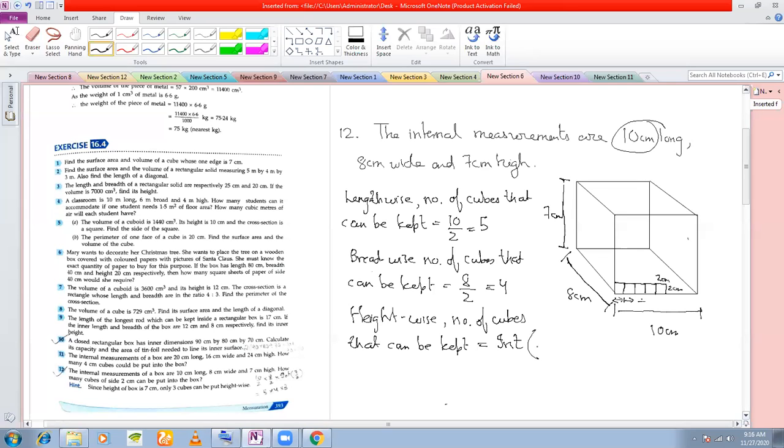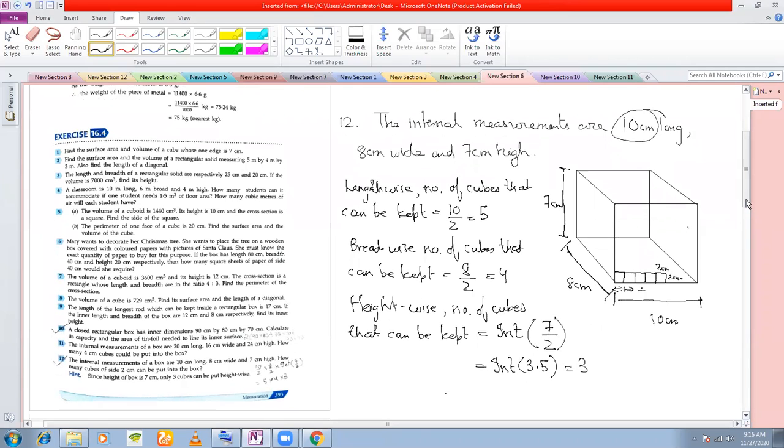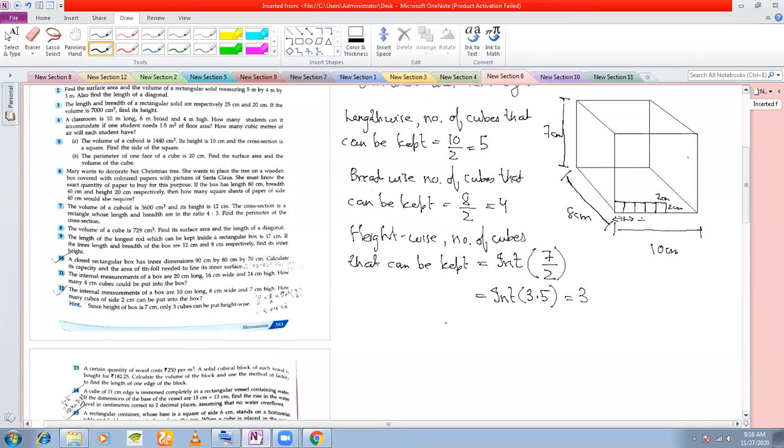Integer part of 7 divided by 2, because 7 divided by 2 comes out to be 3.5. You cannot cut a cube into half and put it there. So that means we have to neglect the 0.5 part. That means the integer part of 3.5, which is 3, right? So how many cubes are you accommodating height wise? You're only able to accommodate 3 cubes height wise.